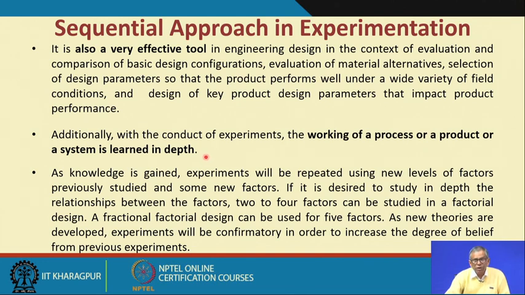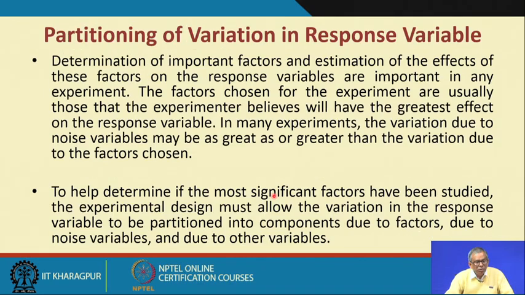So, I suggest you go through all these points, and definitely before you go for actual experimentation, you must have the background knowledge and a clear idea why an experimentation is conducted, to help determine if the most significant factors have been studied.